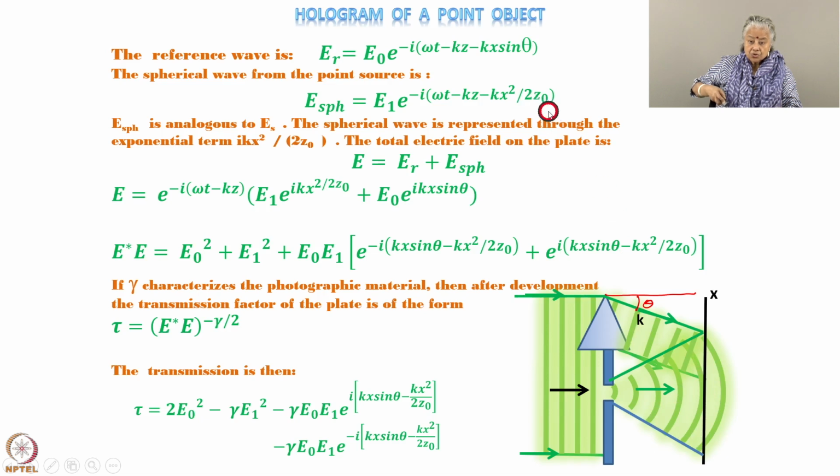In 2 z0, z0 is actually the radius of curvature of this wavefront. Okay. You will come across this very often in the case of the Gaussian beam profile. Remember the lecture where I had given the Gaussian beam profile. It had a radius of curvature which was given as Rz.